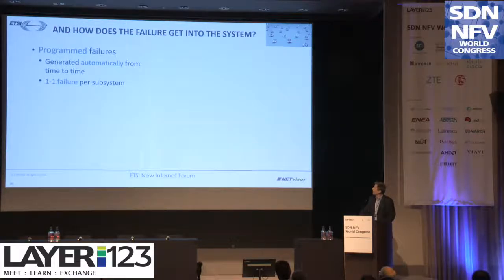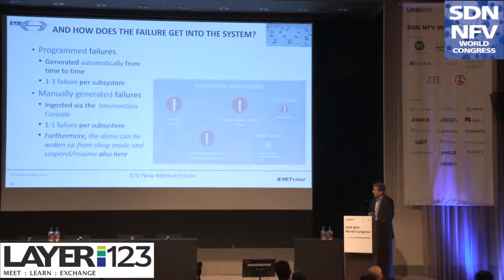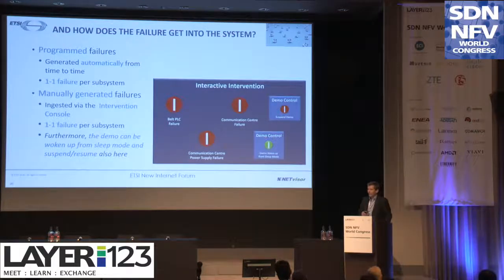How does the failure get into the system? We have implemented two ways. The programmed way, so programmed failures, these are generated automatically from time to time, and we have implemented one failure per subsystem. This is to facilitate the unmanned working of the demonstrator. And there is another way, manually generated failures. These failures are ingested into the system via the intervention console.